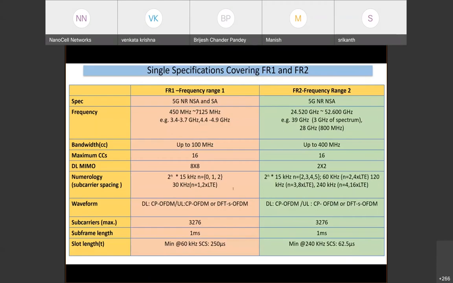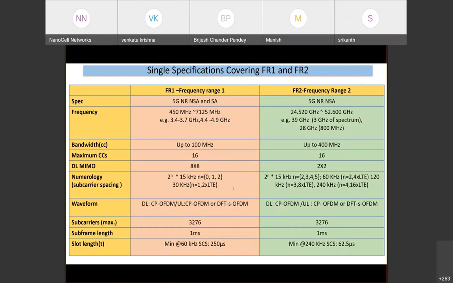Because we decorrelate the data, and that gives a good peak to average ratio. If you don't want to understand the details, think of it as a way by which you can reduce the peak to average in your data pattern. That is what the DFT spread OFDMA does. It helps because of the power efficiency challenges on the mobile side.